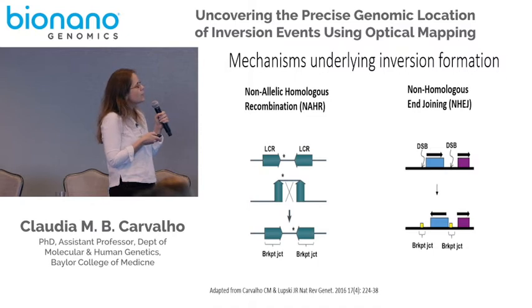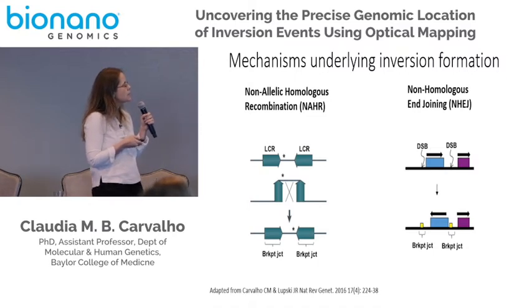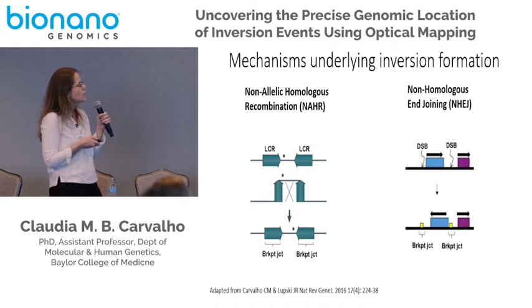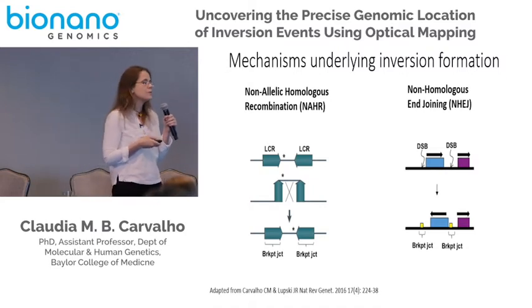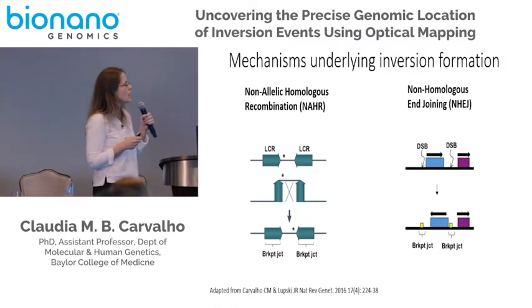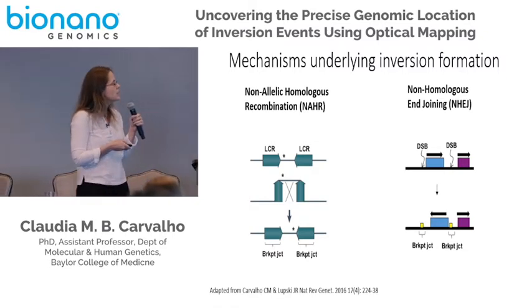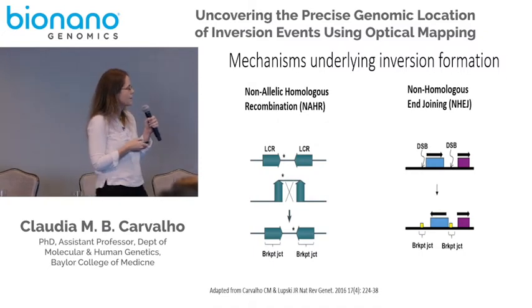Non-homologous end joining can also form inversions by double-strand breaks in cis, in the same strand. Then the junctions will be formed by repair and ligation. Usually these junctions are very straightforward to find because they are blunt or have small insertions or deletions at the junction. So these are more easily detected by next-generation sequencing than those.